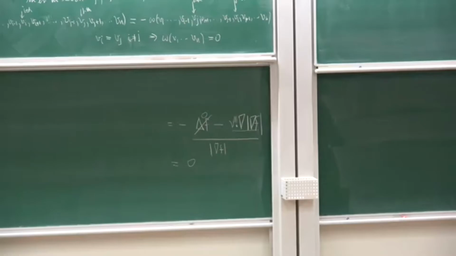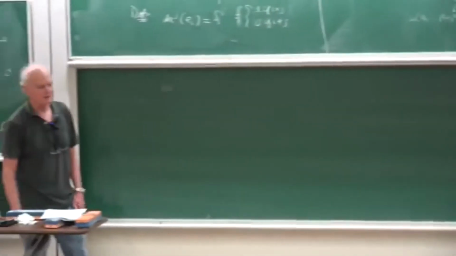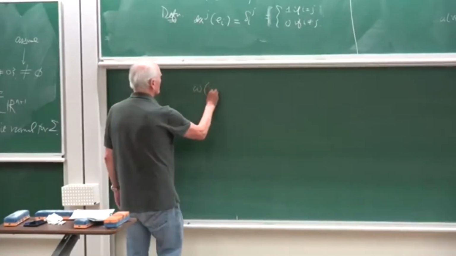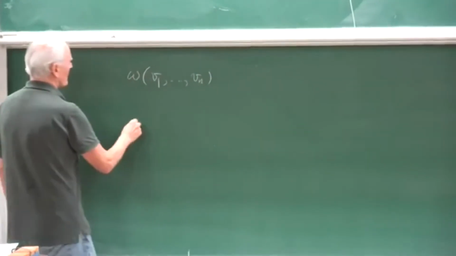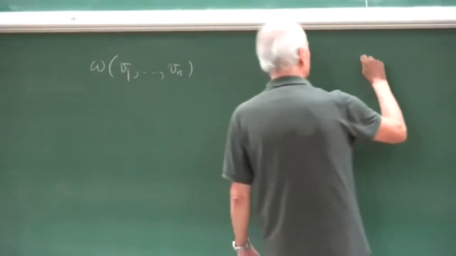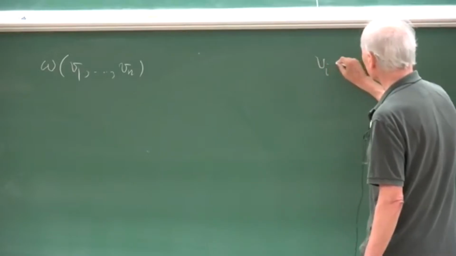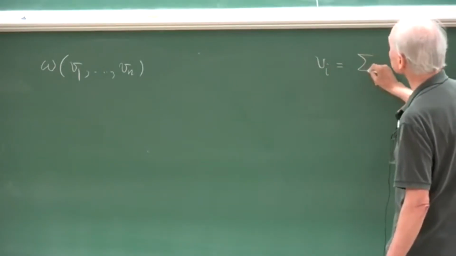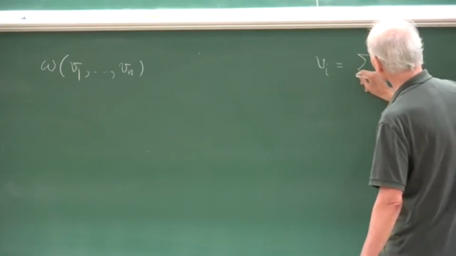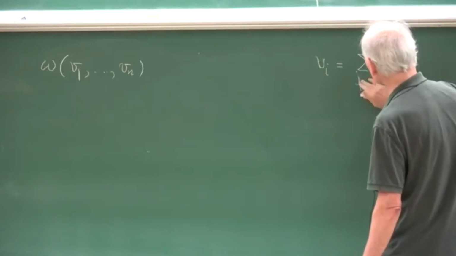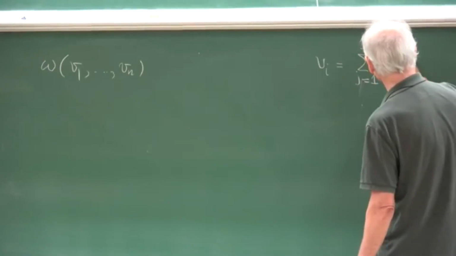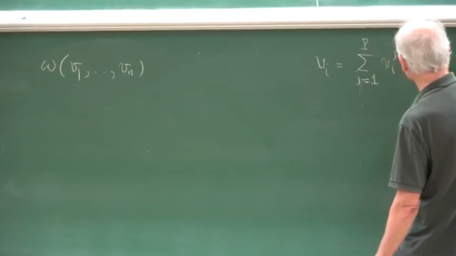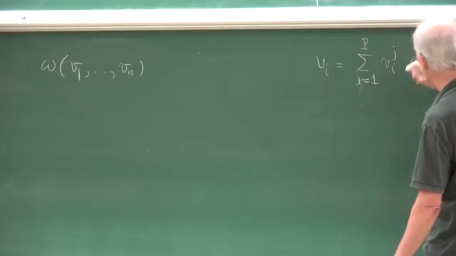So let's take one of these omegas and see if we can work out exactly what it looks like. Omega of V1 up to Vn. Well, remember these are vectors in Rp, so Vi can be written as a sum using the standard basis, the sum from j equals 1 up to p of Vij Ej.